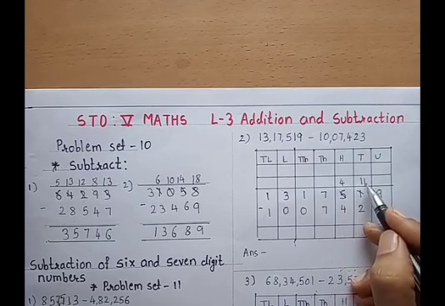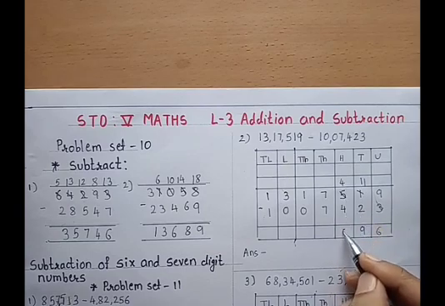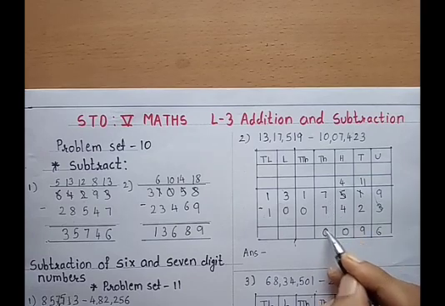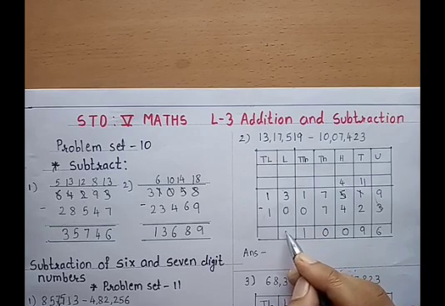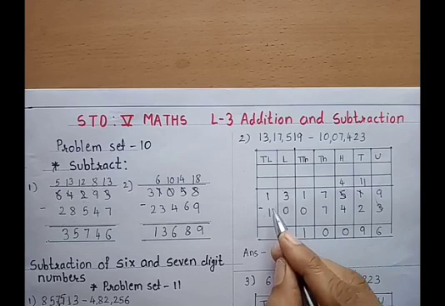You get 11. Now 11 minus 2, 9. 4 minus 4, 0. 7 minus 7, 0. 1 minus 0, 1. 3 minus 0, 3. 1 minus 0, 1 minus 1, 0.